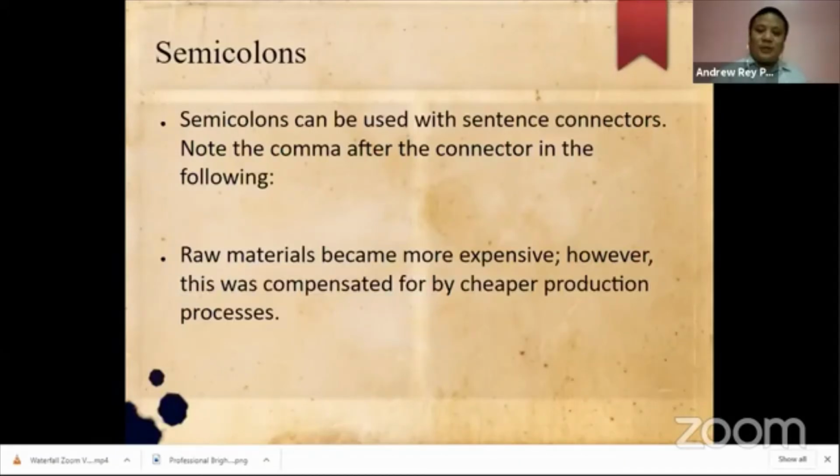So when you use the semicolon and the comma, it's as if it's one whole idea. Although it's composed of two complete sentences that are supposed to produce two complete ideas, because you use a semicolon, it makes it sound like it's just one idea. Okay, so it's more formal.